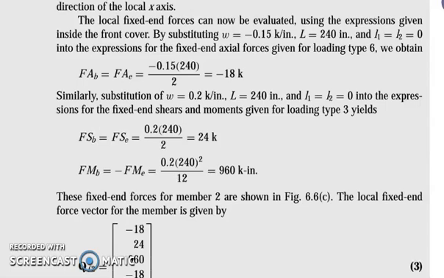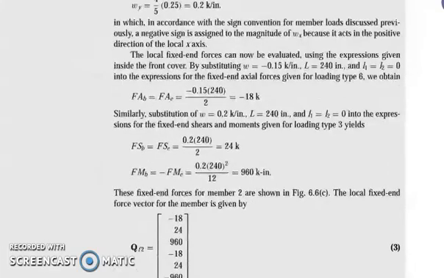So therefore, the axial force for member 2 at the beginning and at the end of the member, our omega, since this is our member 2, this is the position of our axial force F sub A, which means that it is acting normal to the cross-section of the member.